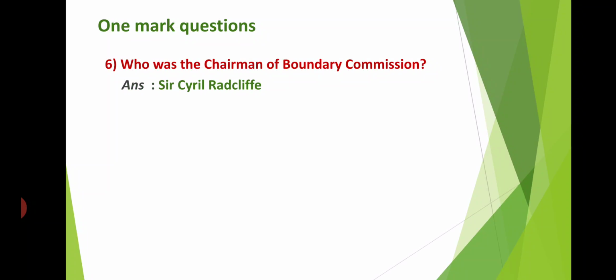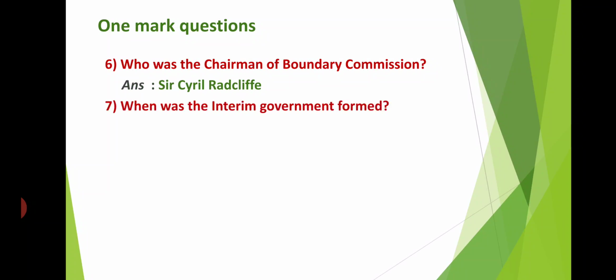You just have to write Sir Cyril Radcliffe. He was the chairman of the Boundary Commission. Just remember this one name, very famous for the Boundary Commission: Sir Cyril Radcliffe.